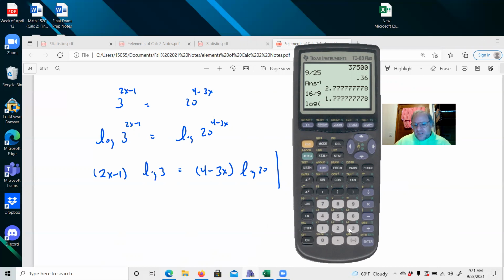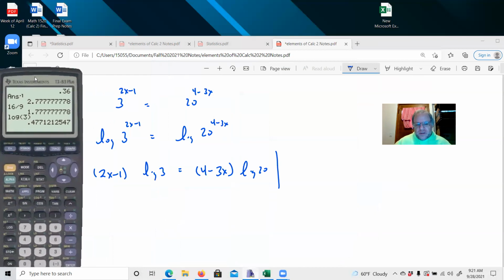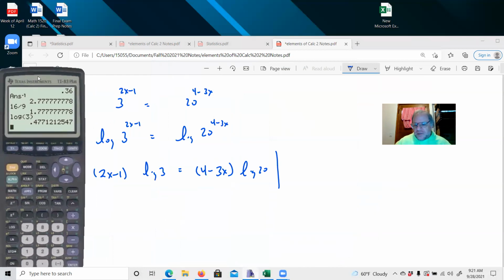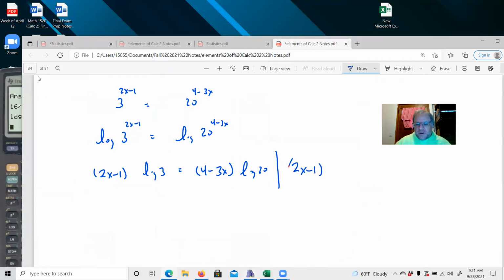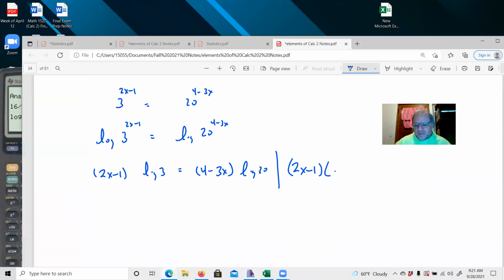So log 3 is 0.4771. Always 4 decimals. We used to have something called CRC books, and we would have to look up logarithms in the CRC book. They always came in 4 decimals. So my rule is 4 decimals.